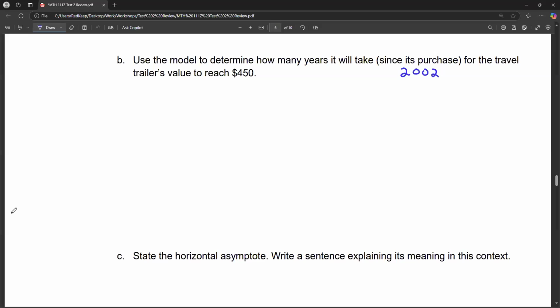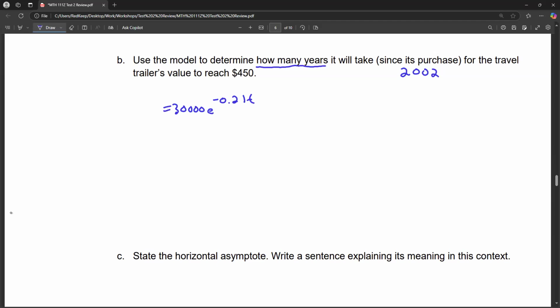So let's see here. The original equation says our initial value was 30,000. We're multiplying it by e raised to the power of negative 0.21 t. I don't know what the t is. In fact, they want us to tell them how many years, so I'm going to leave t as t.